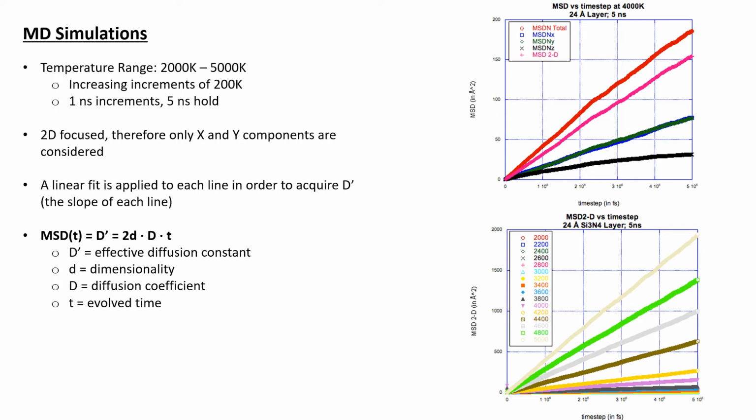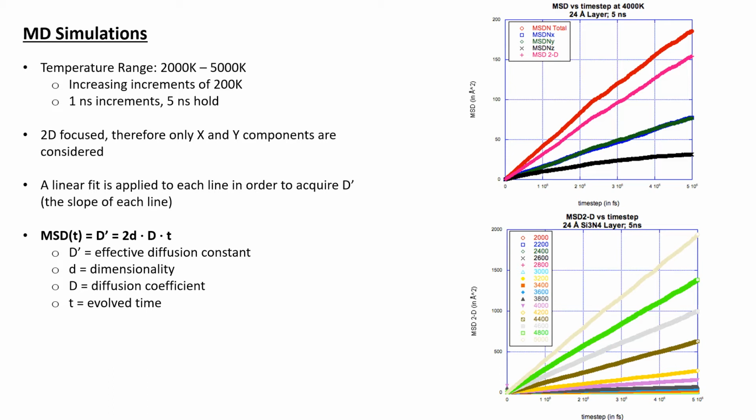These times will vary between models, but after the simulations are complete, I am then able to look back at the data for the mean square displacement, or how much the nitrogen atoms have moved from their original positions over time. Since I am focusing on two-dimensional diffusion, I'm only looking at the x and y components of nitrogen's diffusion. As seen in the upper graph, which correlates to the 4000 Kelvin region, when the x and y components are added together, they produce a rather linear slope, since both have relatively similar mean square displacement values.